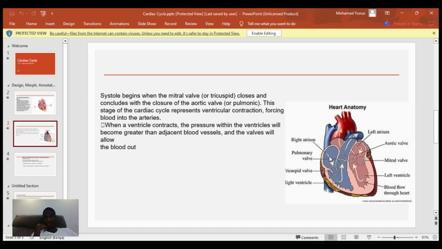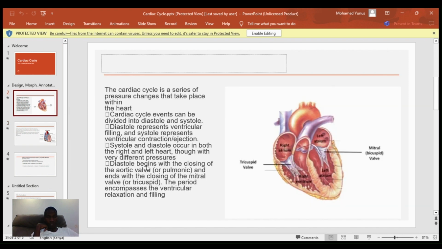It starts with the closing of the tricuspid valve and ends with the closing of the pulmonic valve. This is our pulmonic valve right here, and this is our tricuspid valve. We are told that the period encompasses the ventricular relaxation and filling.